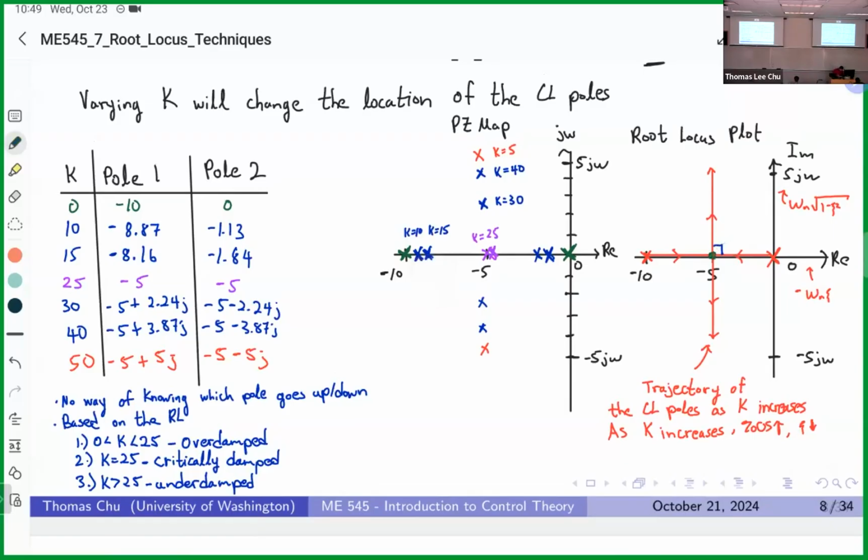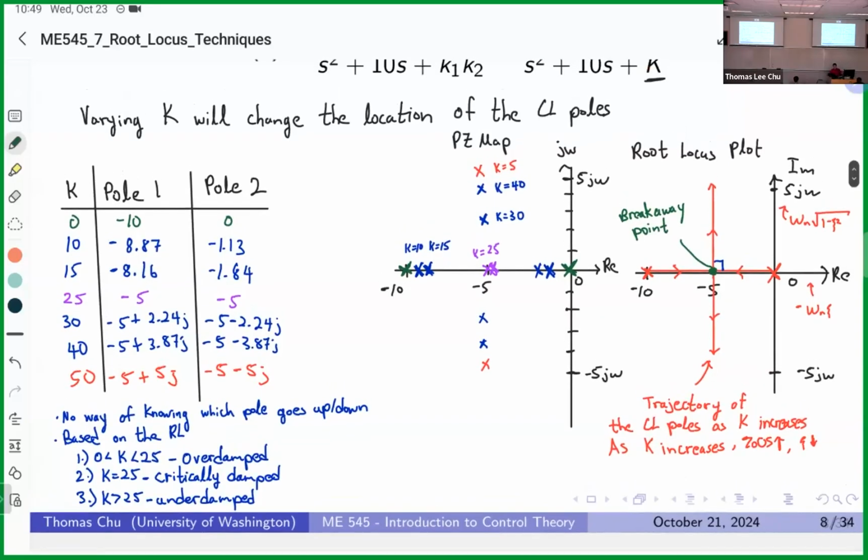So one last thing is, and I'm going to define these formally, but this is called a breakaway point. It's the point where the poles go from real to imaginary. And these will be defined more formally later on.